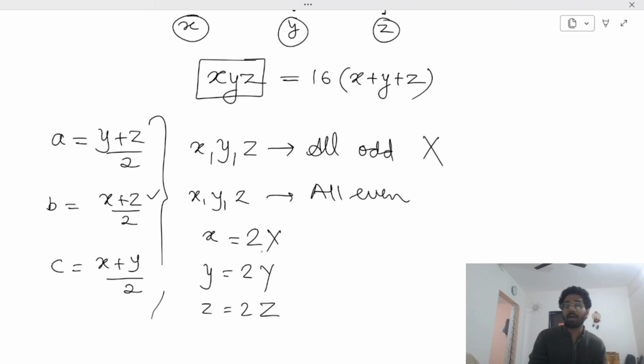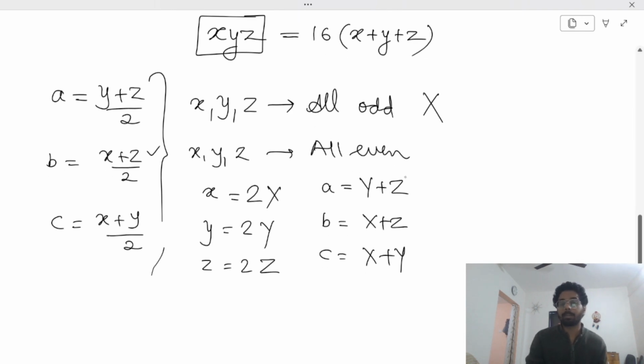What is the benefit of it? If I put the capitals X, Y, and Z over here, I have small a as capital Y plus capital Z, small b as capital X plus capital Z, and small c as capital X plus capital Y. So this is now a much simplified version.